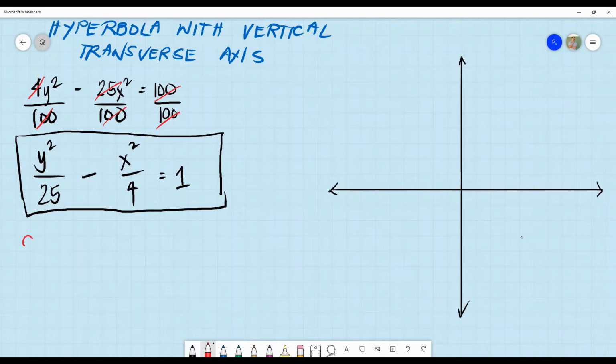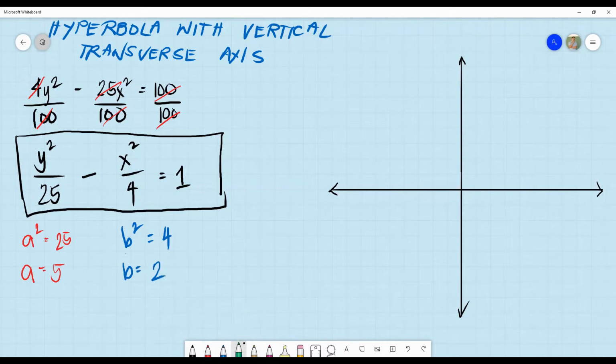So a squared is equal to 25, and the value of a, when we extract the square root of 25, becomes 5. For our b, this is always below our second term, so b squared is equal to 4, and the square root of 4 is 2. So the value of b is equal to 2.